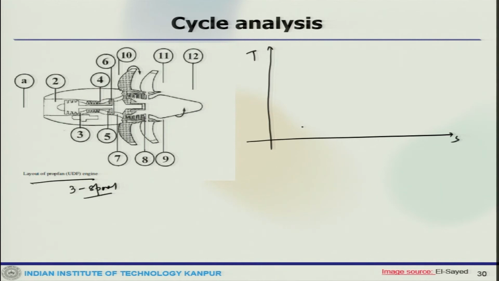So for example, A to 2, 2 to 11, this is 11, this is A, 02, 04, so this is 05, 06, 7, 8, so 9.